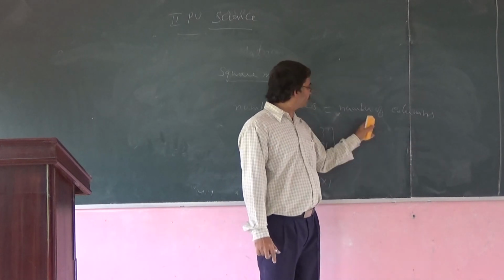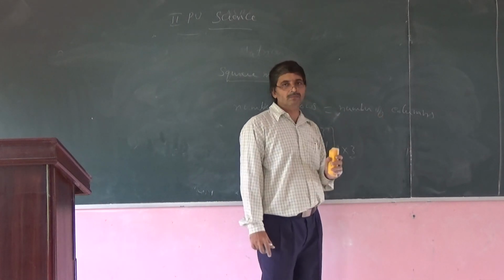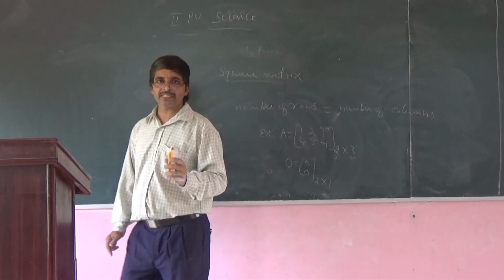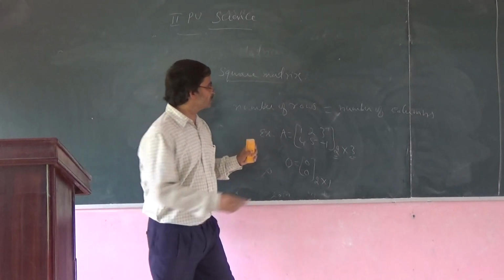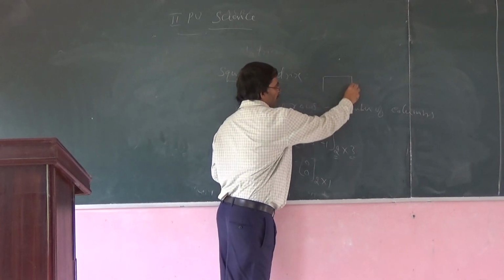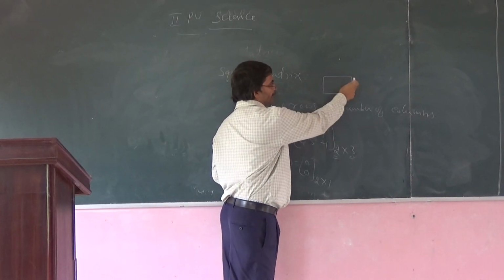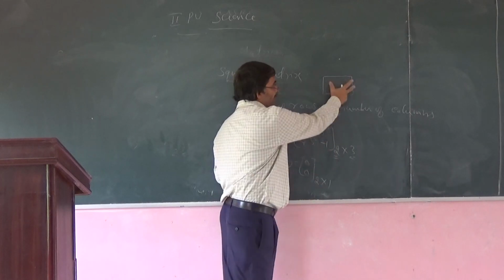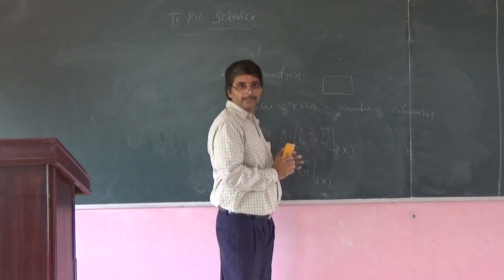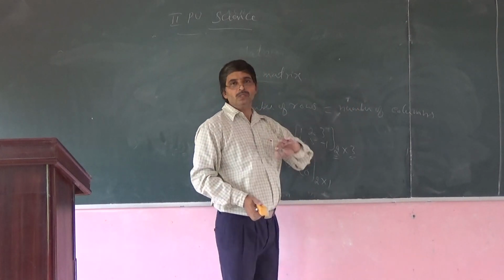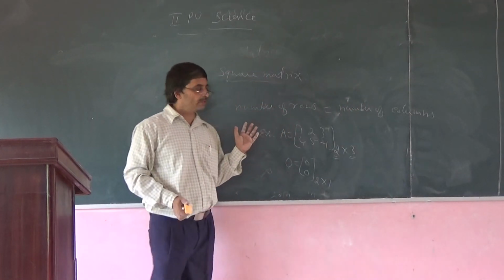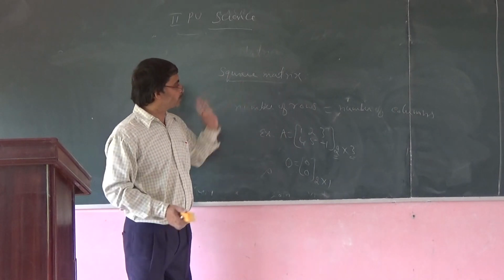So if m equals n, that is a square matrix. This is a square shape, you know. Why do we call it a square shape? Because length and breadth are the same, all the sides are the same length. Same concept here: number of rows equal to number of columns. So then it will become a square matrix.